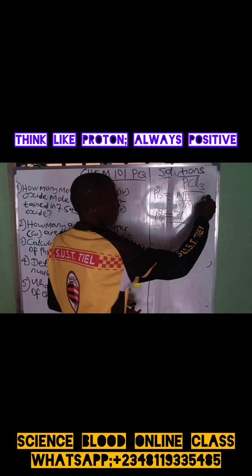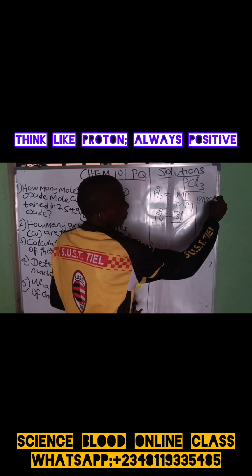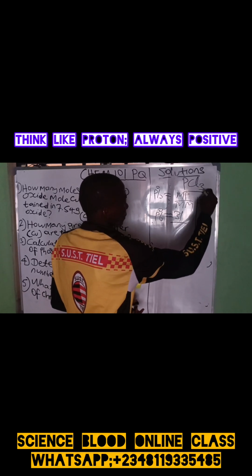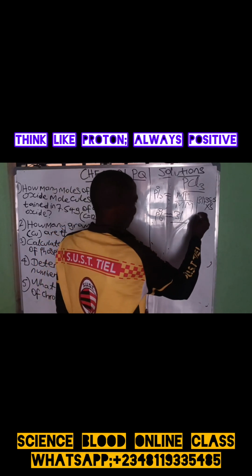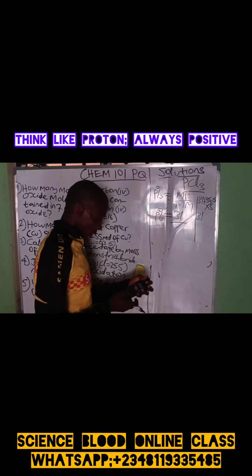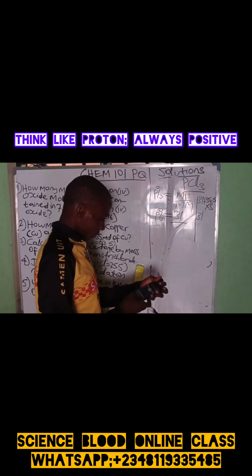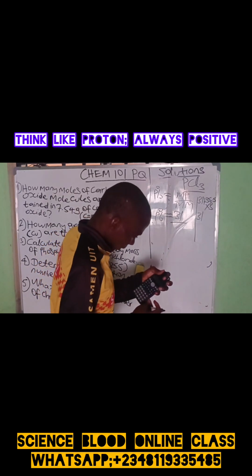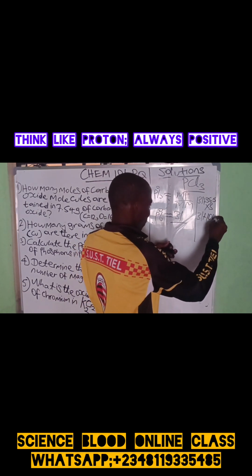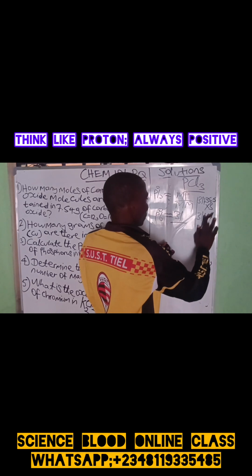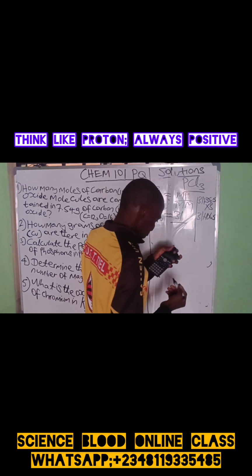We have 31 plus 35.5 times the 3 atoms of chlorine. Let us make use of our calculator so that it's faster. So 35.5 times 3 will give us 106.5.